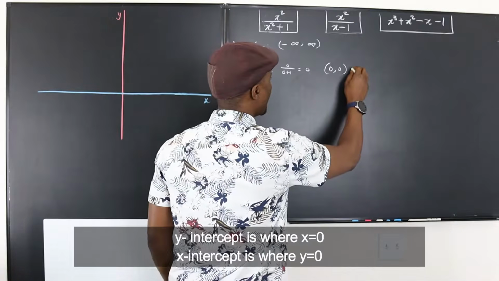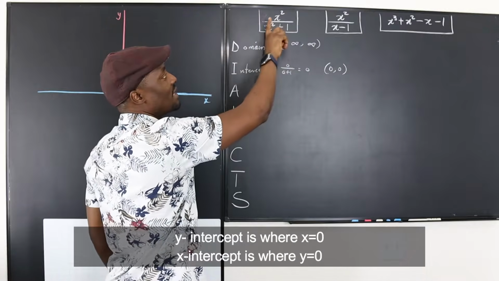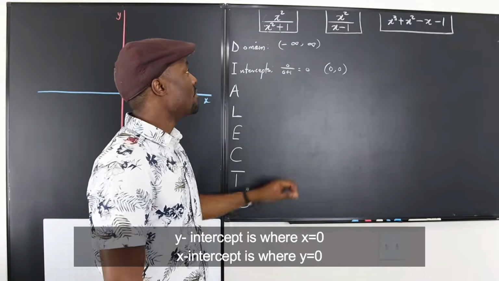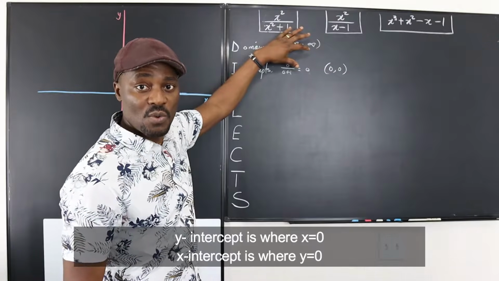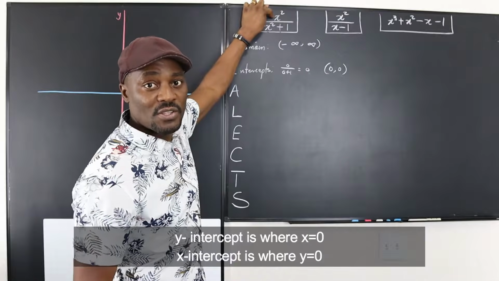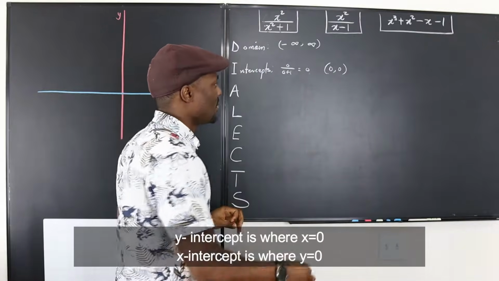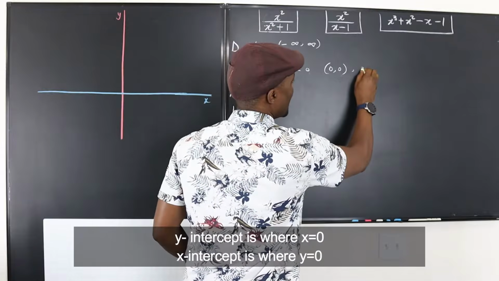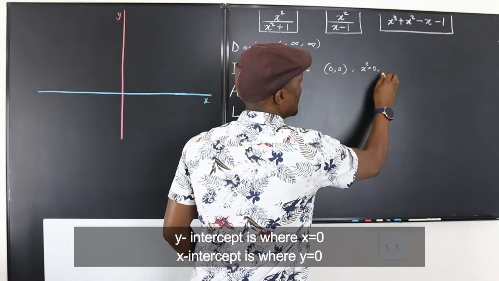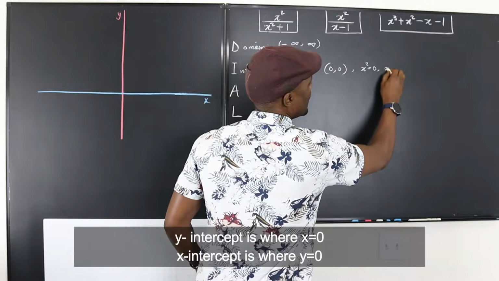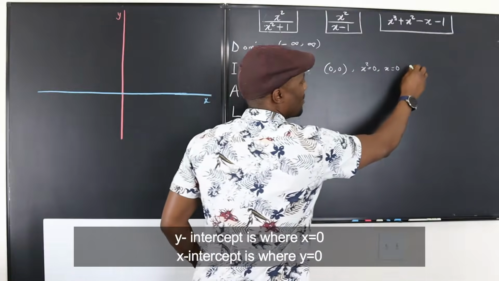So what will be the x-intercept? It will be the point when this function is equal to 0. And remember, when a rational function is equal to 0, it's only the numerator that's equal to 0. So when x squared equals 0, x must be 0. So we can also do that and say x squared equals 0. That means that x equals 0. So that's the point 0, 0.